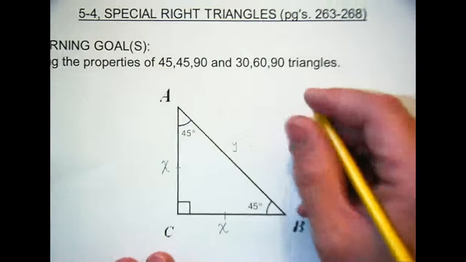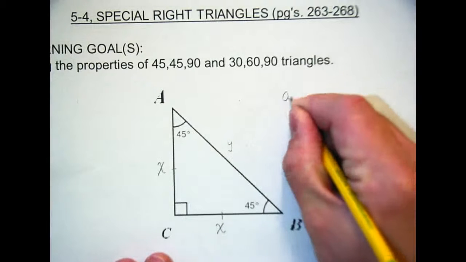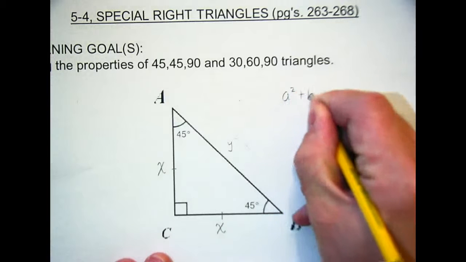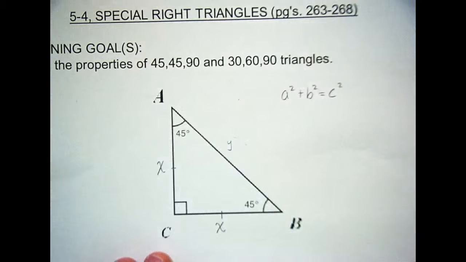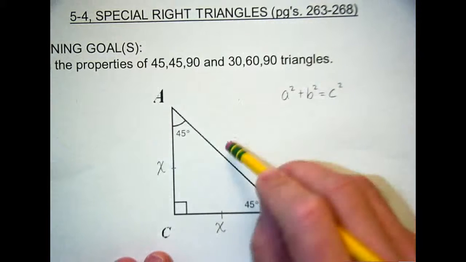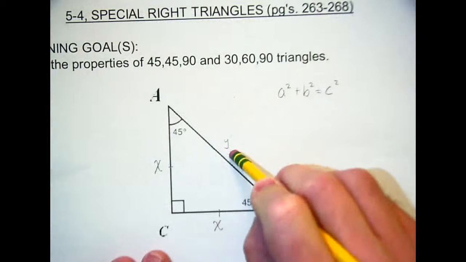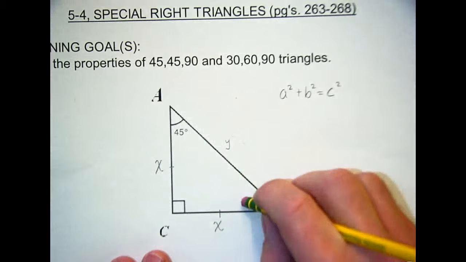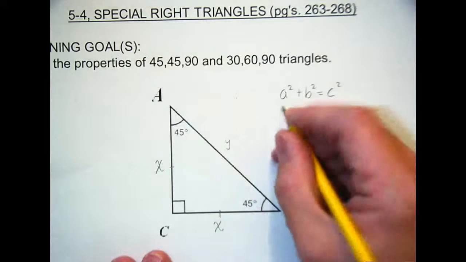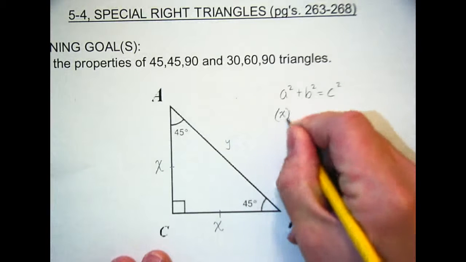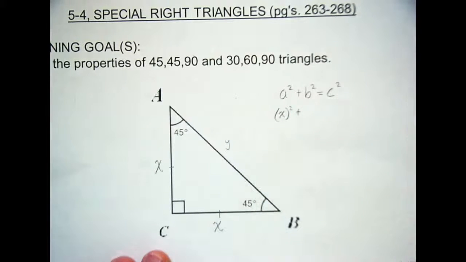So we're going to use the Pythagorean theorem. A squared plus b squared equals c squared. I am actually solving for this length. Everyone with me? What is a? X. So that's x squared. What is b?